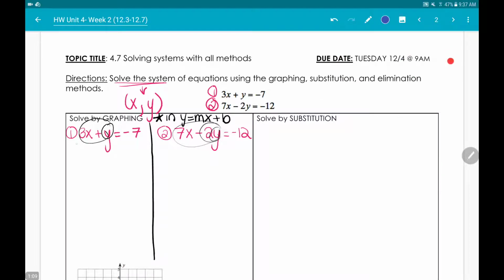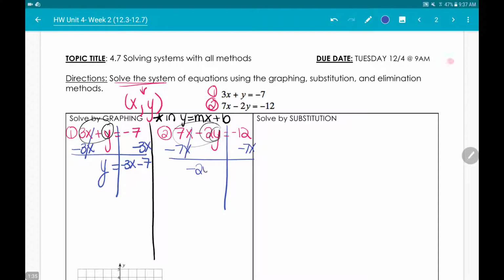So how do we rearrange them? We use inverse operations. I'm going to subtract 3x on both sides, and I'm left with y equals negative 3x minus 7. Nothing's in front of the y, so I'm good. The next one, I subtract 7x on both sides.